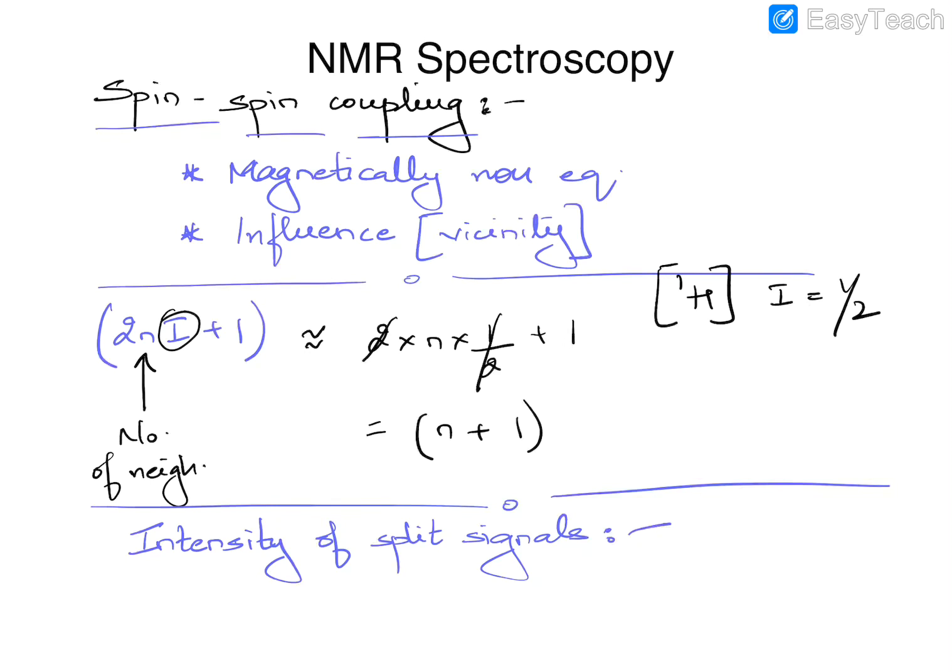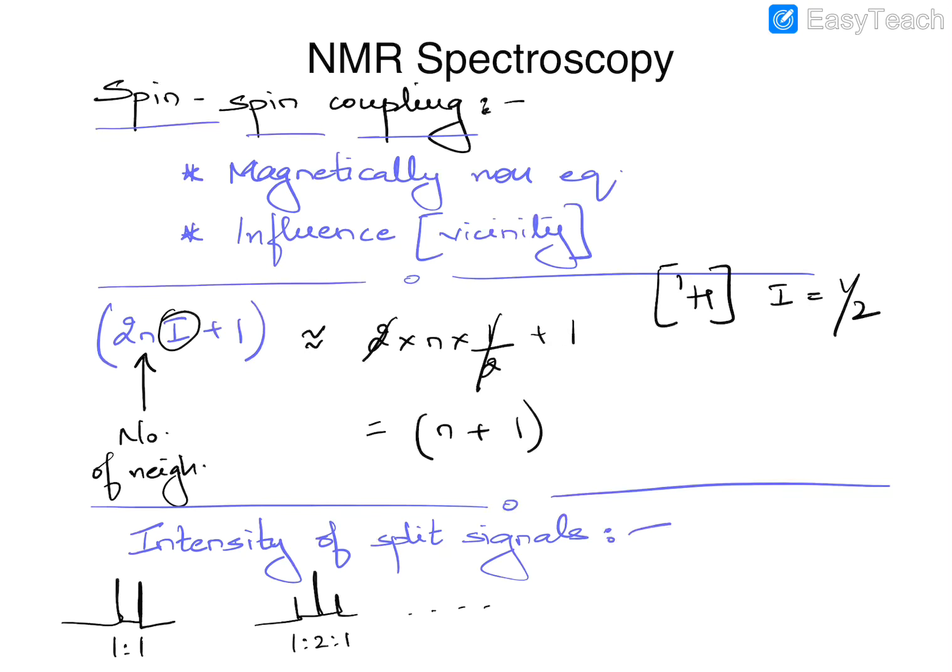What we also came across in the previous video is the ratio of intensities of the split signal. That is, if the signal is split into two, it would do so in the ratio of 1:1 with respect to relative intensities. If it is split into a triplet, then it would be 1:2:1, and so on and so forth.